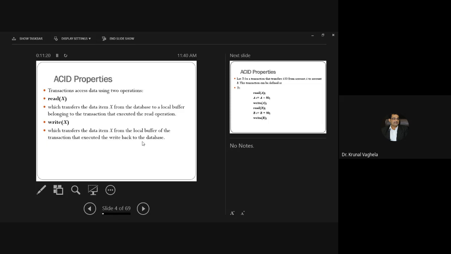Do you know what primary memory and secondary memory are? Primary memory is RAM. Secondary memory is the hard disk.